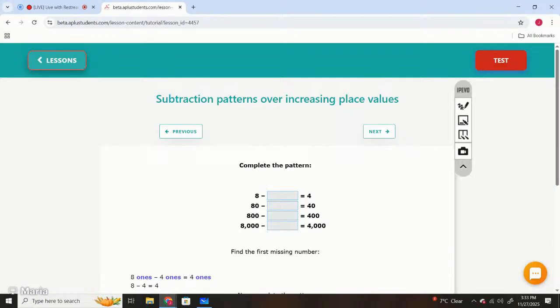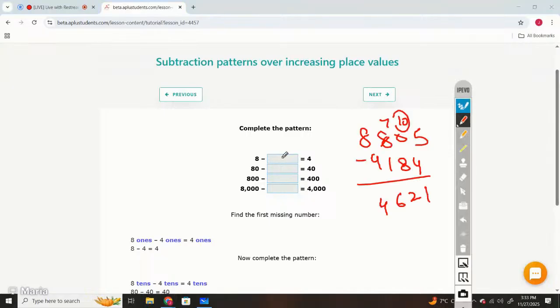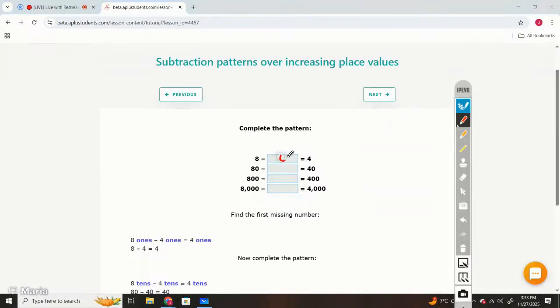8 minus what number is 4? 8 take away 4 is 4. 80 take away 40 is 40. 800 take away 400 is 400. 8000 take away 4000 is 4000.